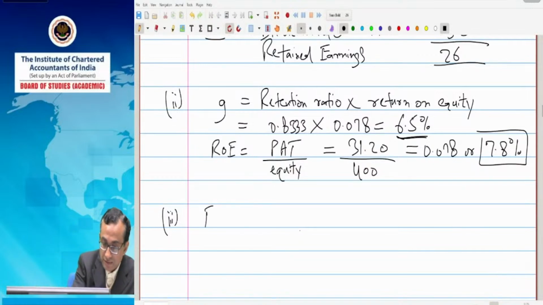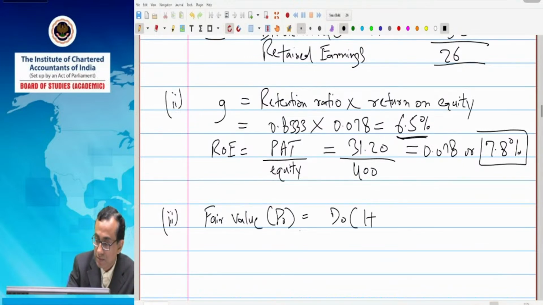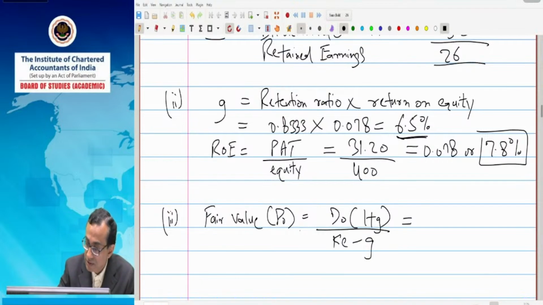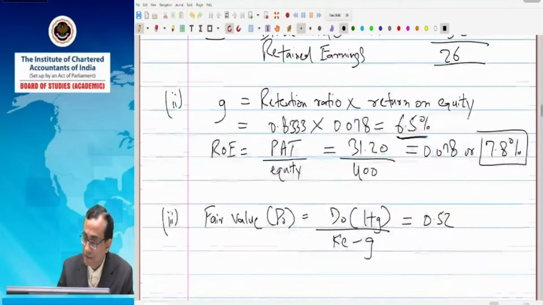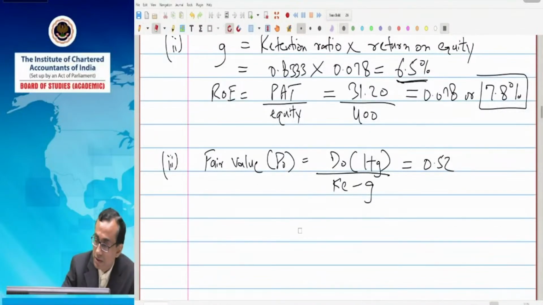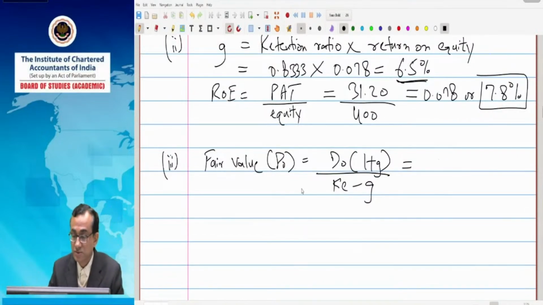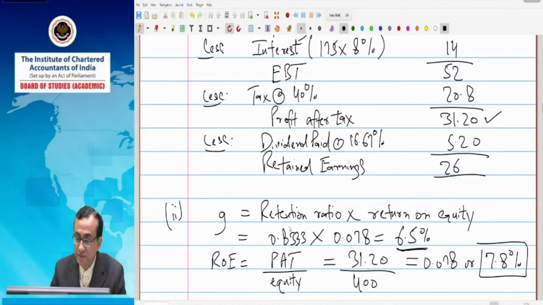So fair value, or P0, is equal to D0 into 1 plus G upon K minus G. Put the figures into the formula. The growth rate we have already calculated. Dividend per share is not given, so dividend per share has to be calculated, students. 5.2 is given as dividend paid.